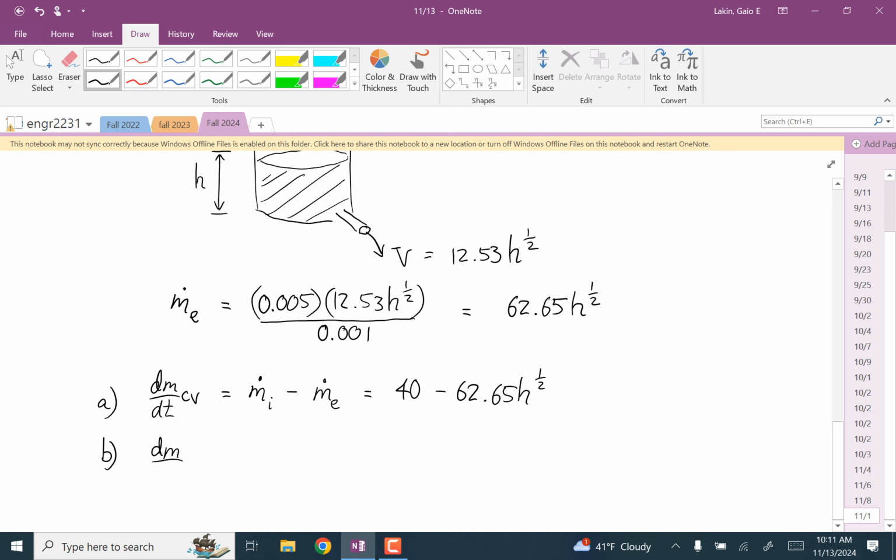So dm dt when h is equal to 0.5 is equal to 40 minus 62.65 times the square root of 0.5.